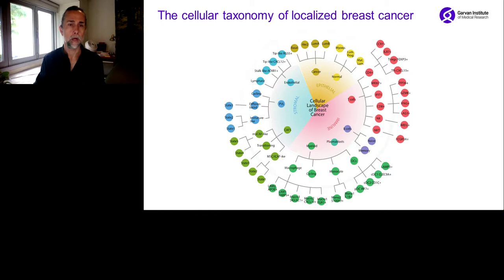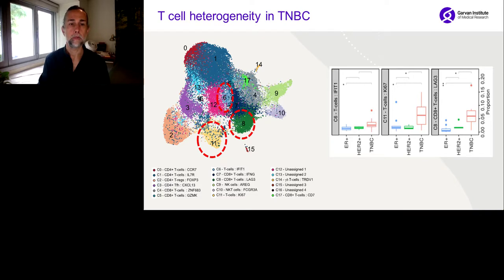So I don't have time to talk about the stromal or epithelial populations today, but I want to talk briefly about the T cell data as it pertains to spatial profiling. And so here I'm showing you a UMAP clustering of all the T cells from our breast cancer atlas. You can see that there are many diverse phenotypes present. This also includes some innate lymphoid cells, and NK cells, and so on.